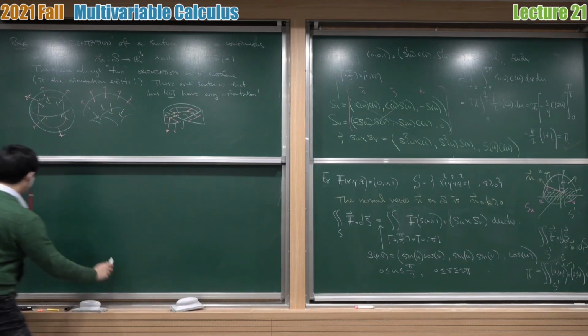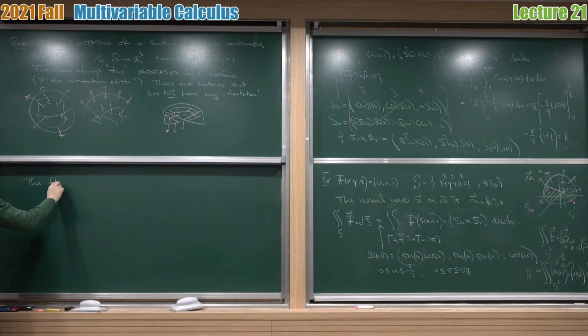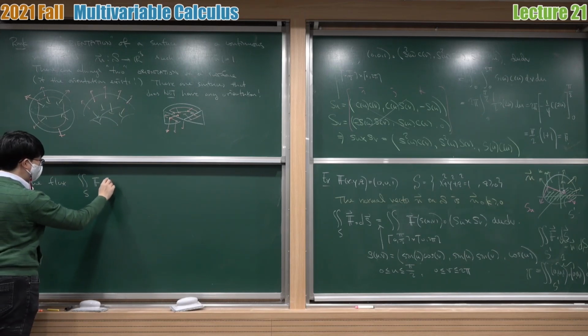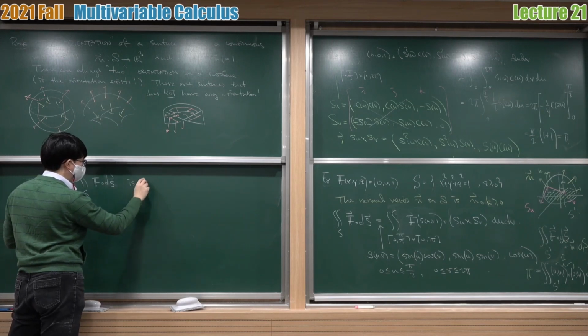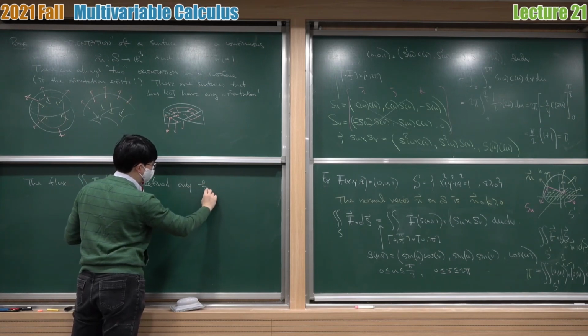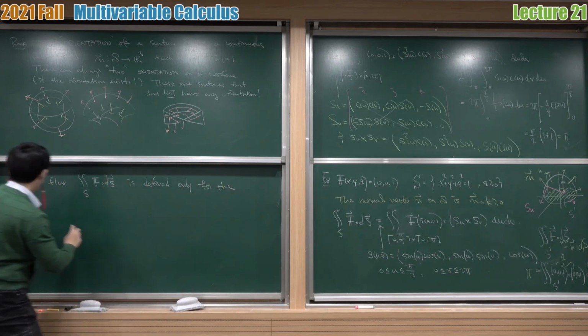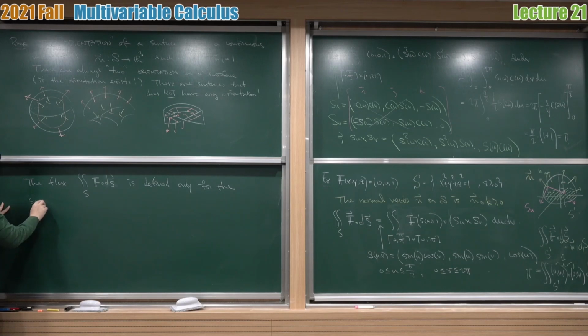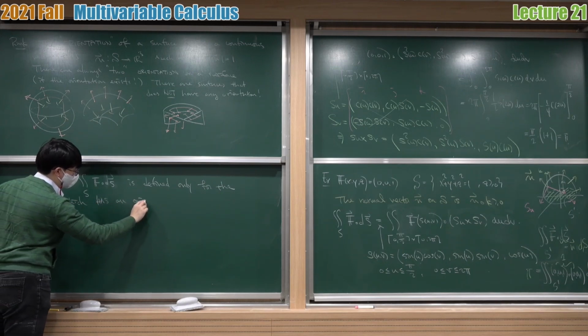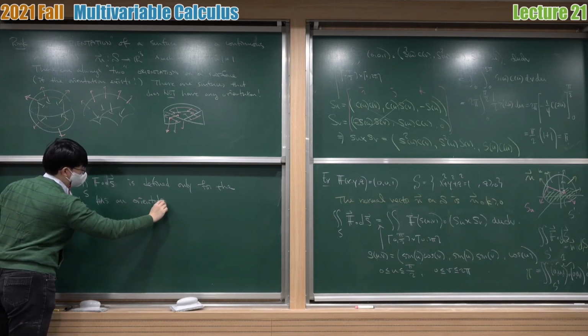So the flux of a vector field is defined only for a surface which has an orientation.